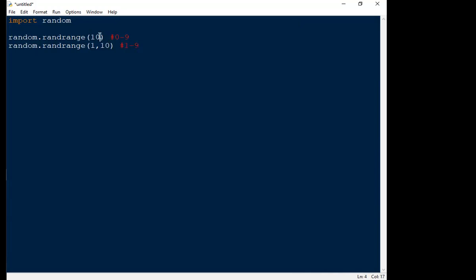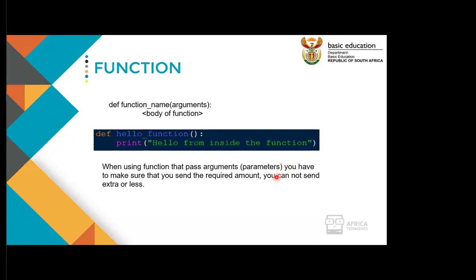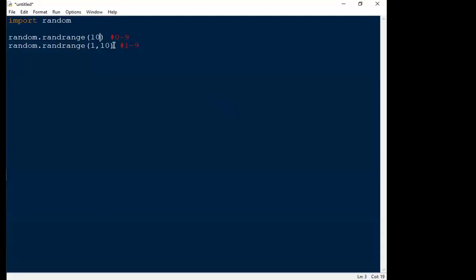You may be asking, if it's the same thing, how come it didn't break? Because I said in our previous statement that you have to send the required amount of information. If I wanted one, it must be one. If I wanted two, it must be two. The reason for this is because it has a default value. And this random function here has a default value programmed when you just send in one value. And we'll be using that now.